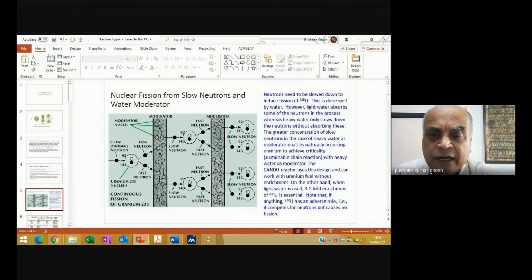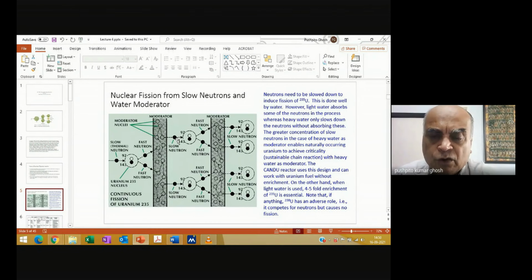Okay, and so that's the problem with simple water. But on the other hand, if you use deuterium, if you use D2O, okay, or HDO, then these things are much better at effectively slowing down the neutron but not capturing the neutron.